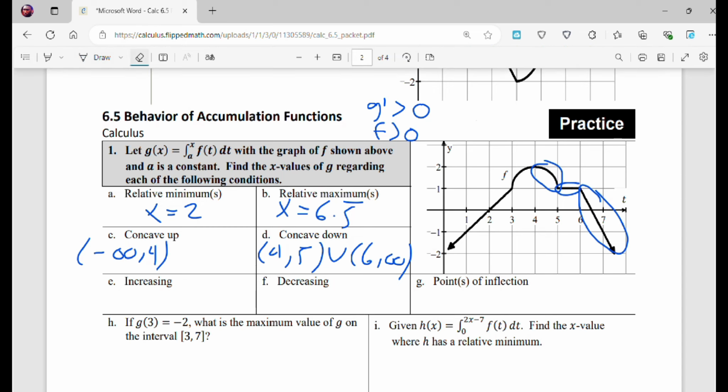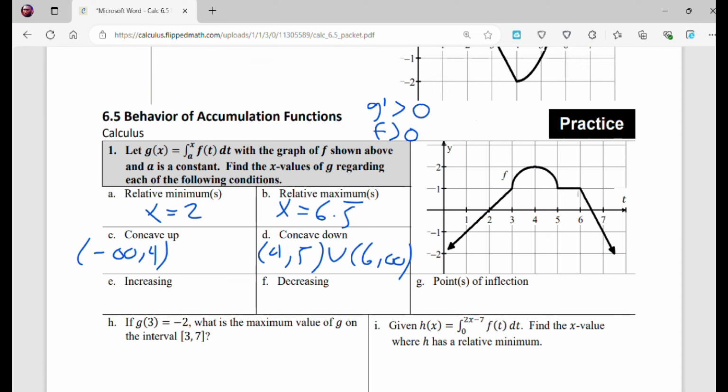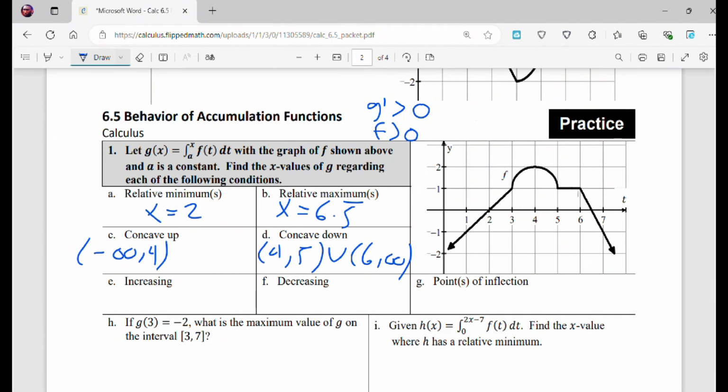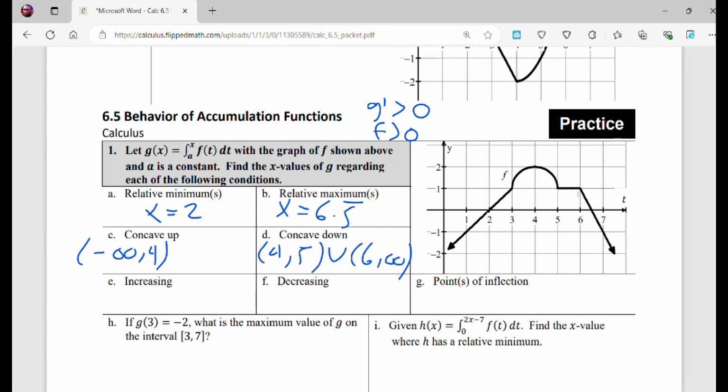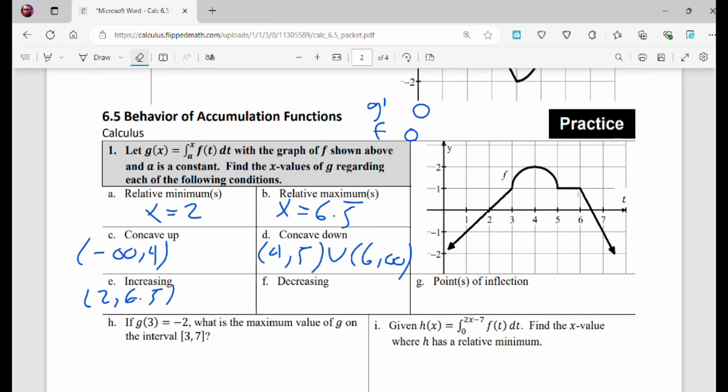All right, so we're going to look at the graph. When is f positive? That's going to be from 2 to 6.5. When is g decreasing? So g is decreasing when g prime is less than 0, or negative.